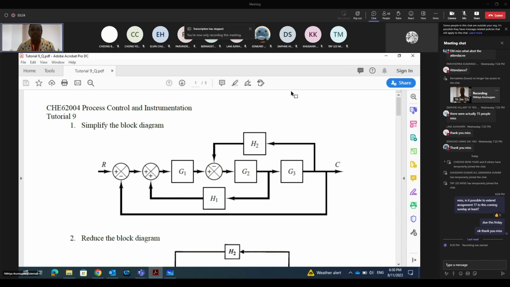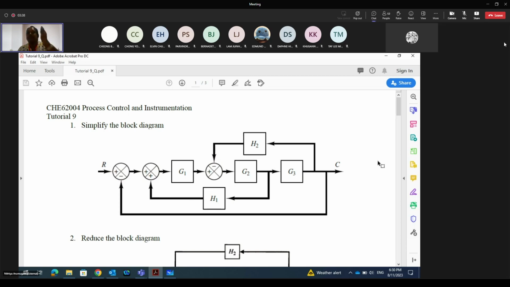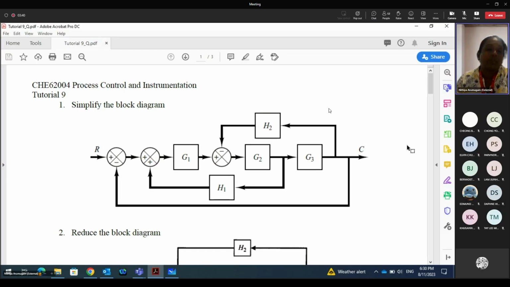Okay, so today's first question: simplify the block diagram given. From here, you can tell that we have different blocks in series and also in parallel, and also we have a feedback loop in this diagram. If you notice, we have two feedback loops here.